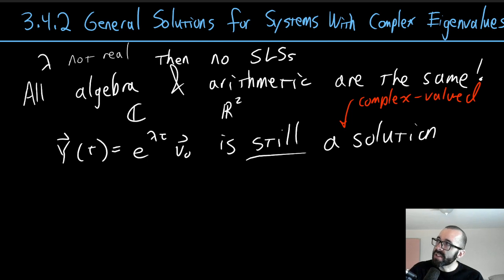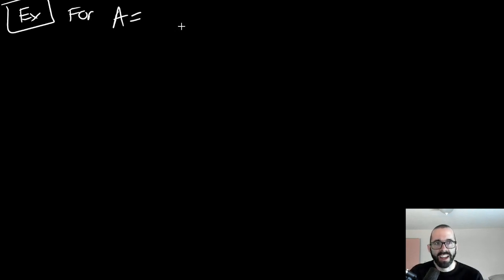Complex numbers have some properties that aren't the same as real numbers, but most of the properties are going to hold the same. So you could take my word on this for now, or you could get some practice or read more about it. But this is still going to be a solution. So let's get some practice. Differential equations is a big subject, and I can't teach a whole linear algebra course or a whole complex analysis course at the same time.